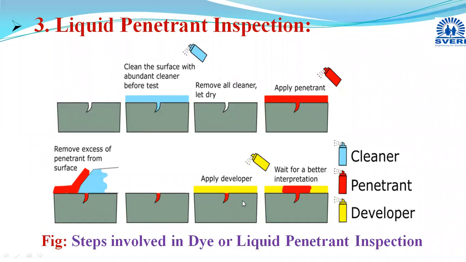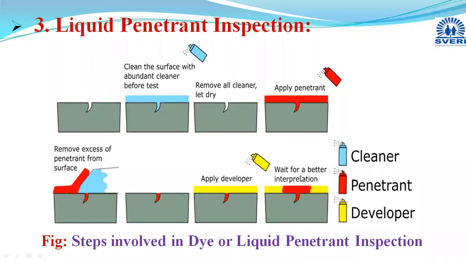After giving some developing time, what will happen? That developer will pull out that zyglo dye from the area where the defect is present, and this specimen we now observe in a dark room, under UV rays. When the UV rays fall on that specimen, the area where the defect is and the zyglo dye is accumulated will emit light.